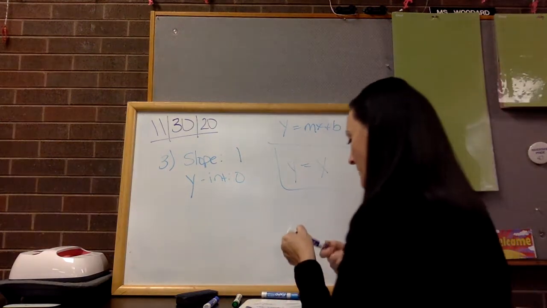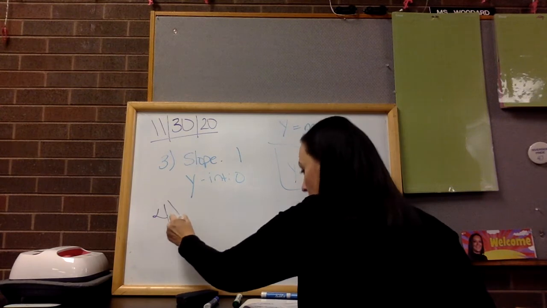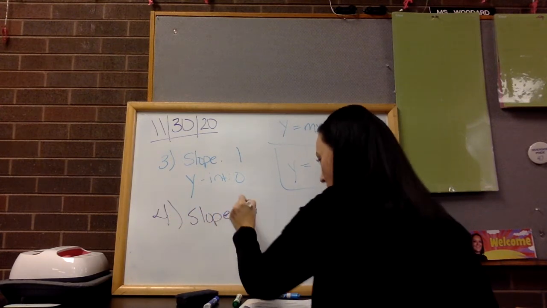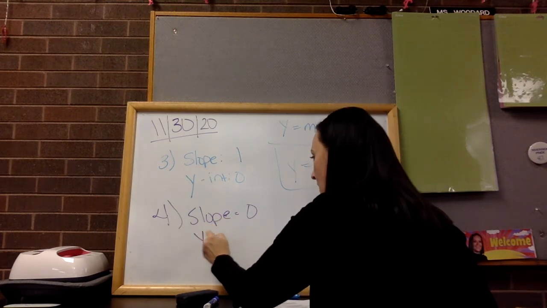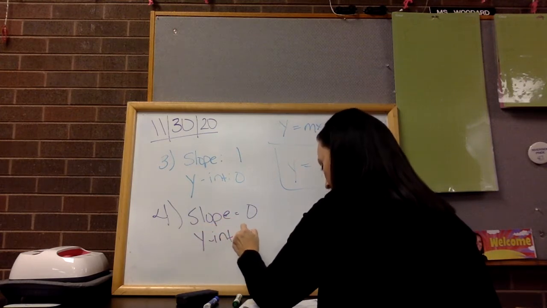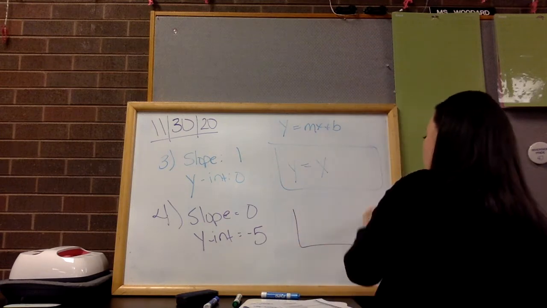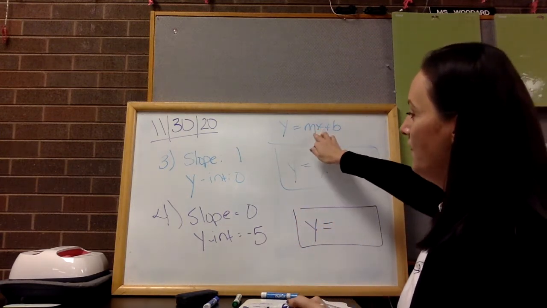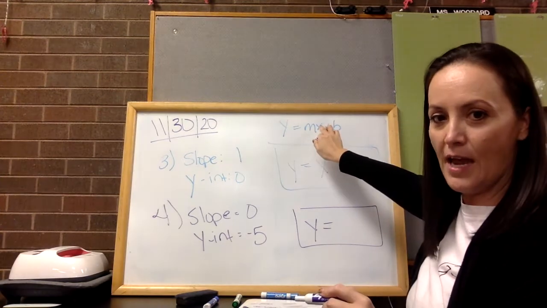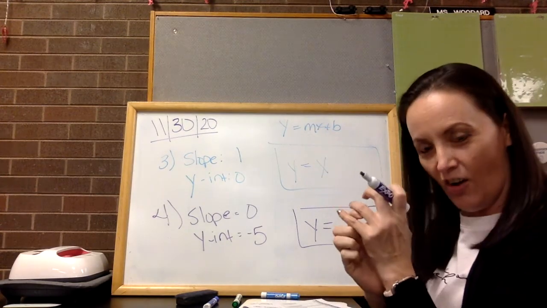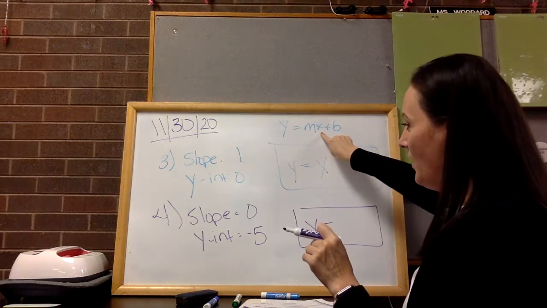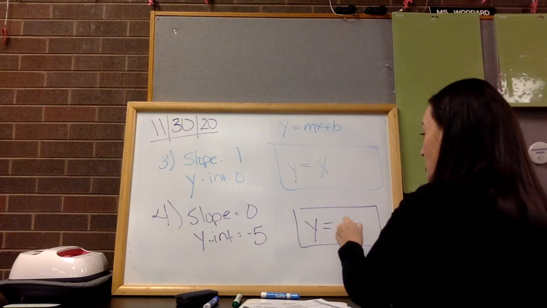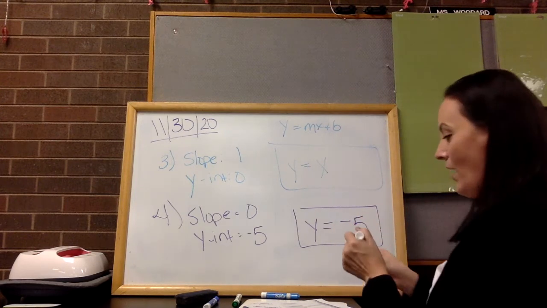All right, number 4. Number 4 is my last one on this slide, and it says the slope of this one is 0, and that the y-intercept is -5. So again, we're going to have y equals, and for this one, if you put 0 in here, 0 times x is just 0. So I got 0 there, and then my y-intercept is my -5. 0 minus 5 is just -5. So I got y equals -5.